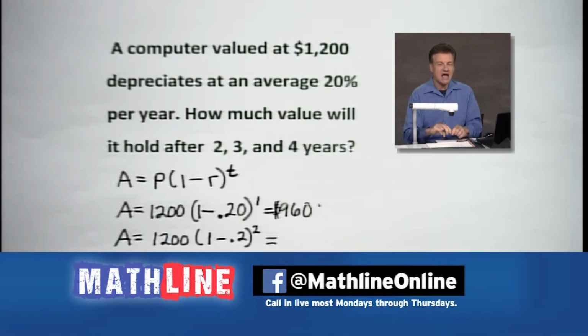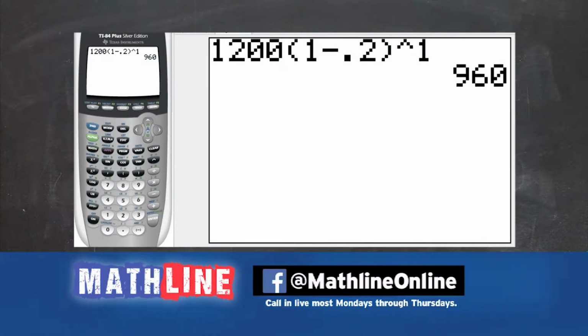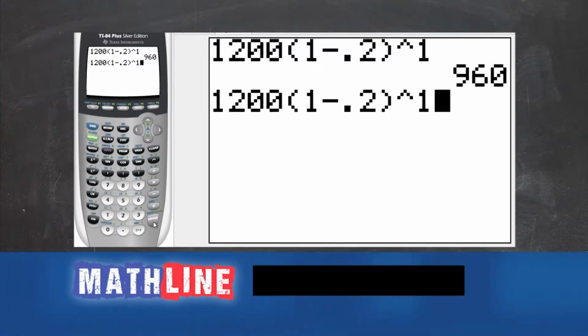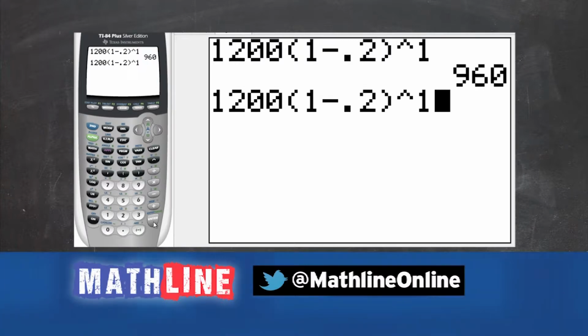Now, let's go back to the calculator, because I'm going to show you a cool feature that this calculator has, all right? If you go back to second, and you press enter, you get a repeat of what we had before the answer came up. Isn't that cool? You get the repeat of the problem. Now, all I want to do is work backwards and change that 1 to 2.